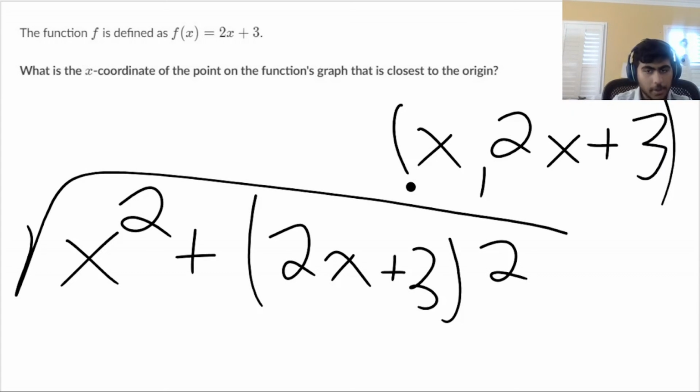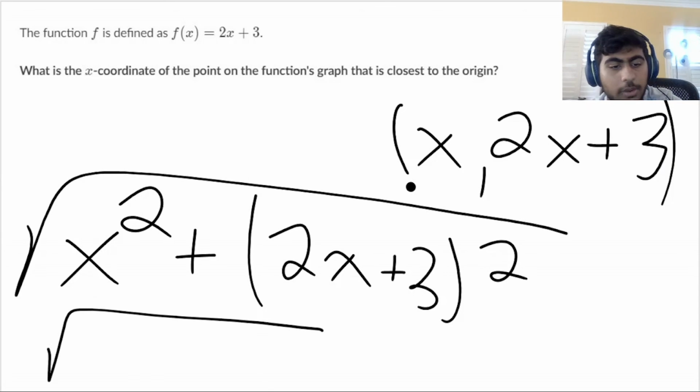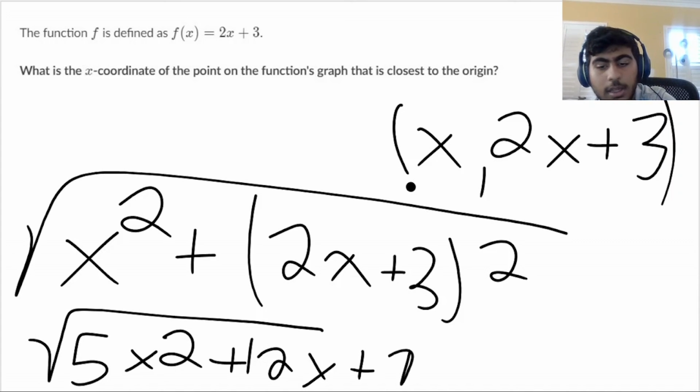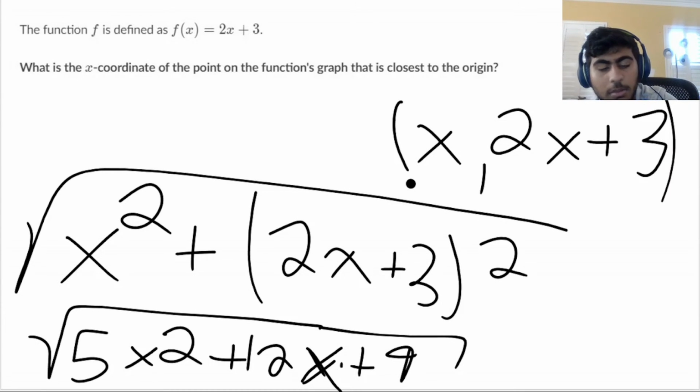Right? Now we can calculate this out, and we find that we get the square root of 5x squared plus 12x plus 9. So 5x squared plus 12x plus, let's make another slide to make this easier to read.